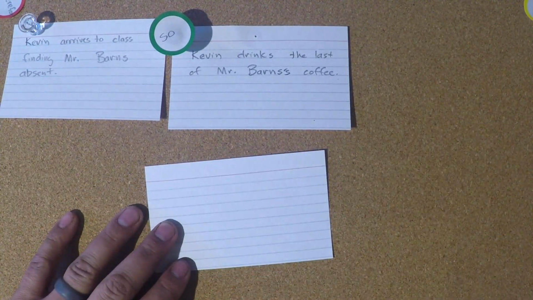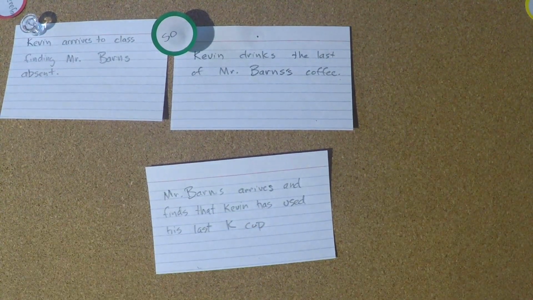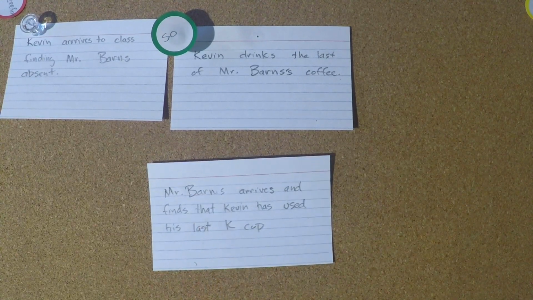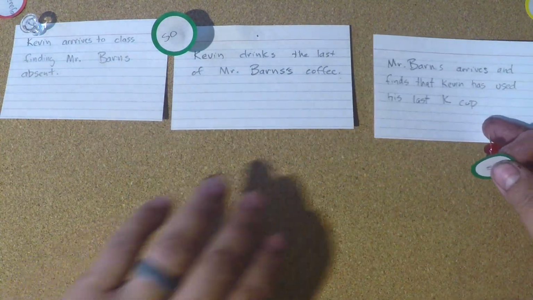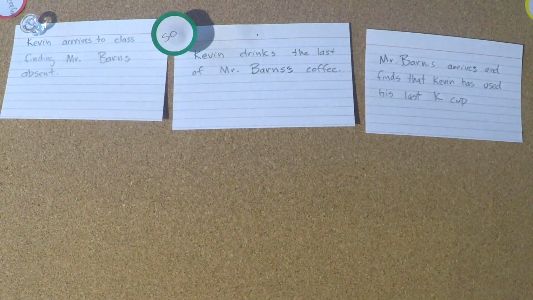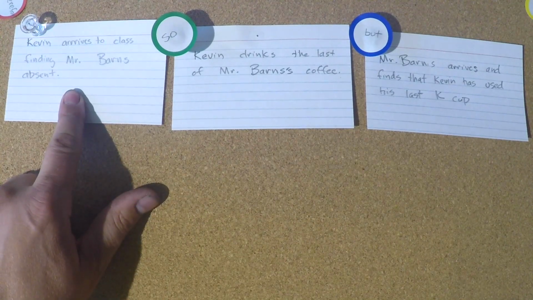Making another card. K-cup. I think we're going to have to roll with the idea that Barnes is using Keurig products. And this could be, the way that we wrote this can be a but. So Kevin thinks he's okay because Mr. Barnes wasn't there.